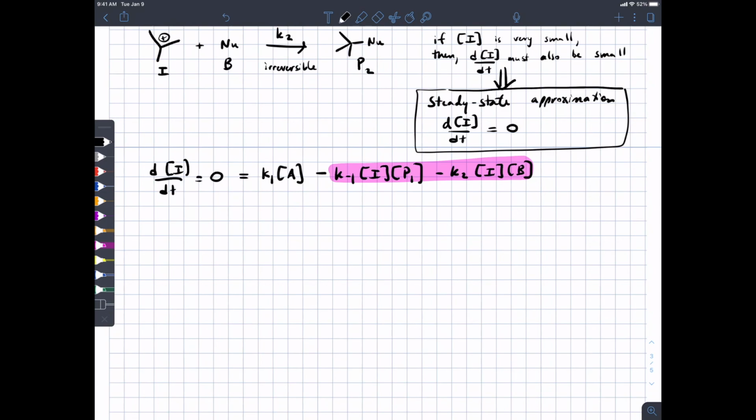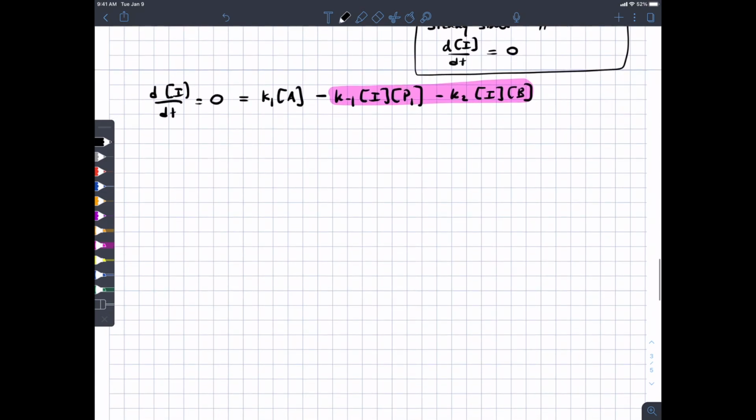If you'd like to pause now to work the algebra out yourself, you can. I'm just going to write it here, and I'm going to factor the I out. All right. Take a minute to convince yourself that that's true.